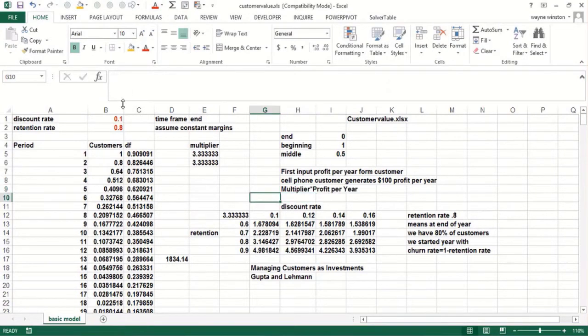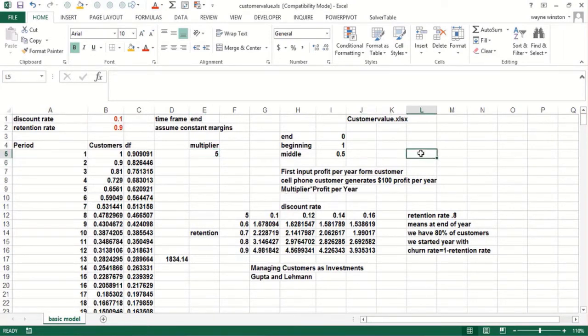Okay, so let's suppose we have a 90% retention rate, which is really good. We lose 1 out of 10 customers every year. We discount at 10% a year. Okay, wow, the multiplier comes out to be exactly 5, which is cool.